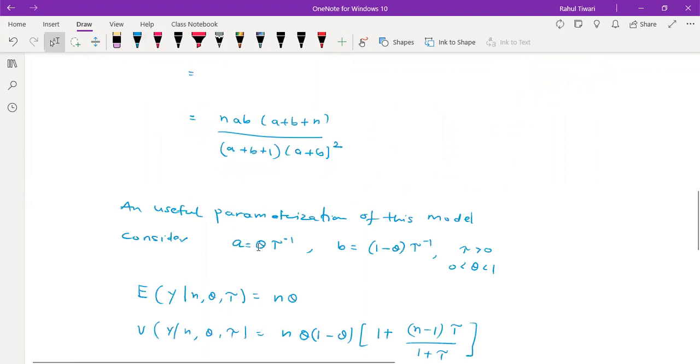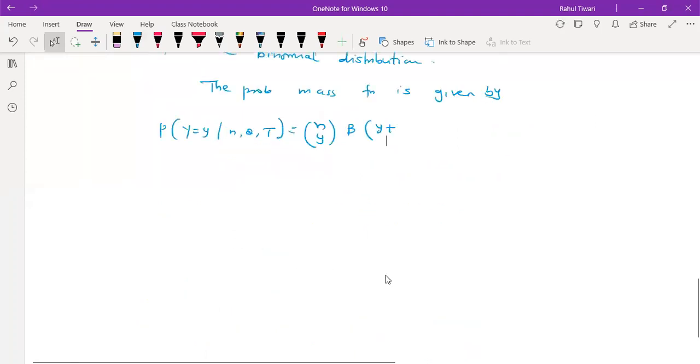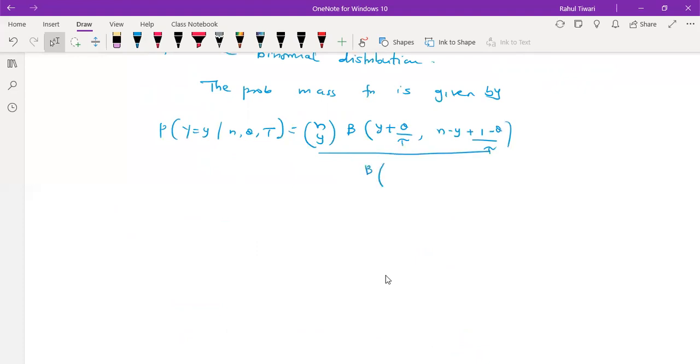So a becomes theta upon tau. So this is theta upon tau comma n minus y plus 1 minus theta upon tau, whole thing divided by beta of theta upon tau, 1 minus theta upon tau.